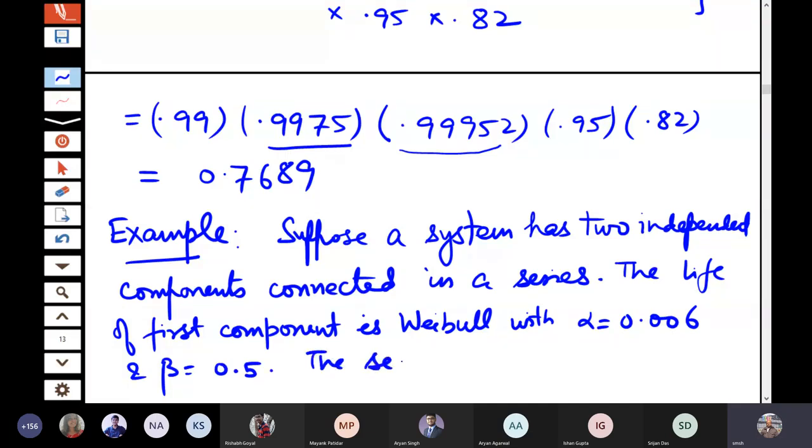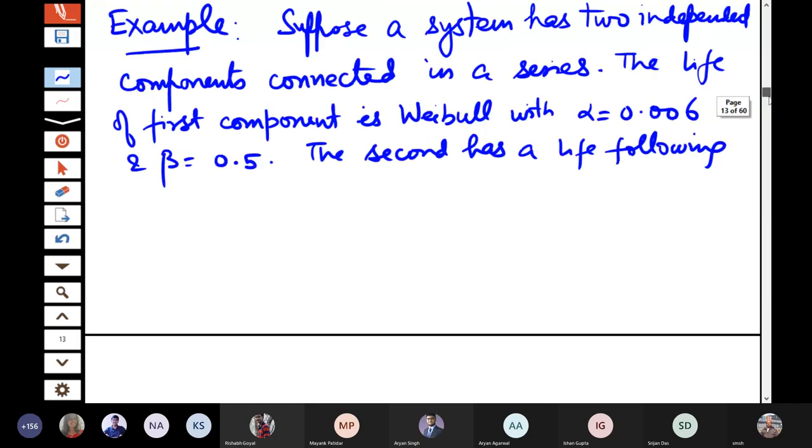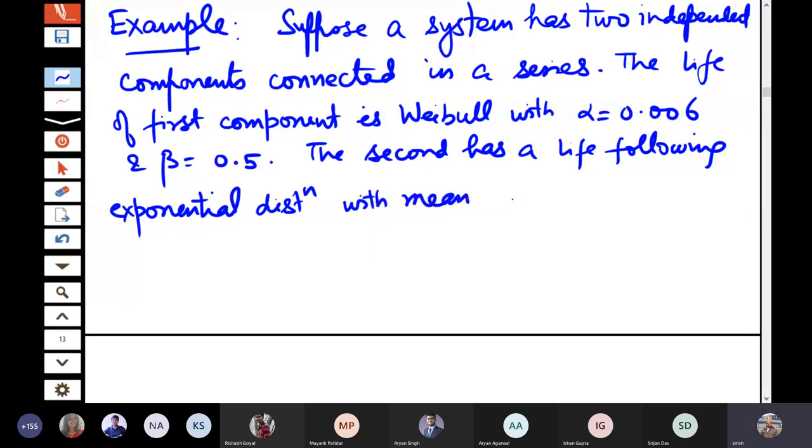And suppose the second has a life following an exponential distribution with mean 25,000 hours. Okay. So I am just putting some question.